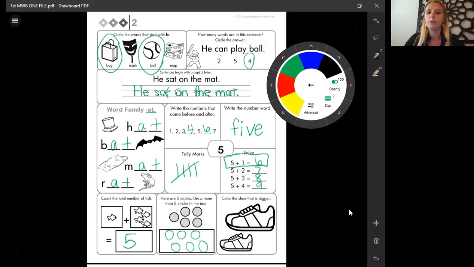Then it says to color the shoe that is bigger. That's an easy one. Which one's bigger? This would be like Miss Dudley's foot right here. My foot's pretty big, but I am pretty tall. So we color the shoe that is bigger.